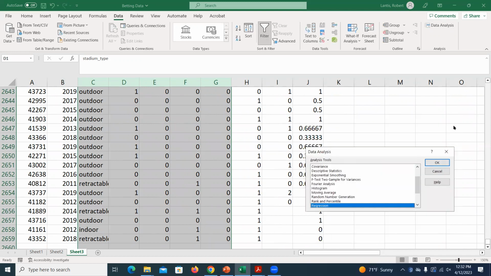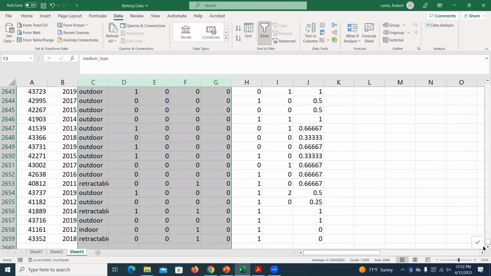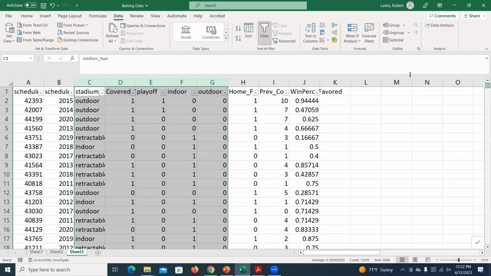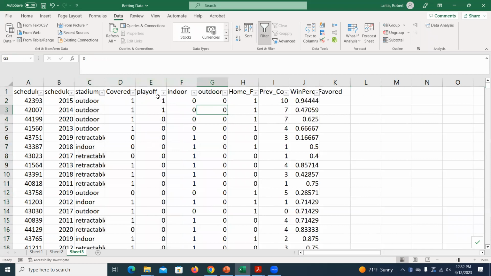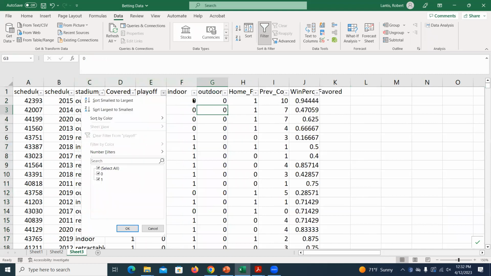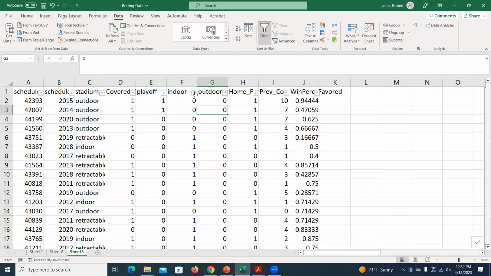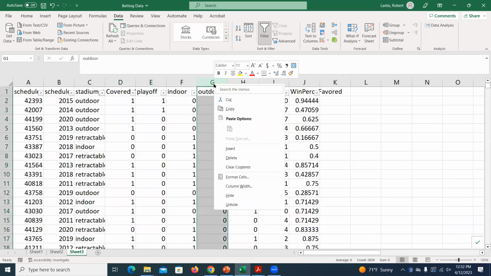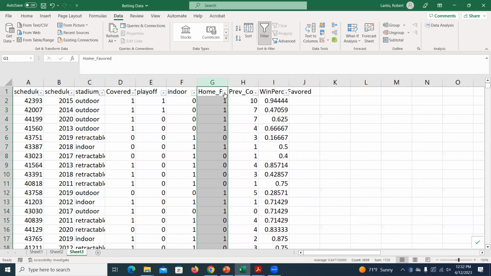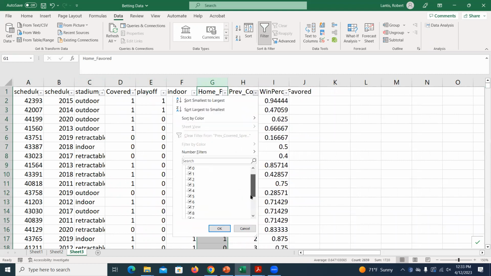So that's something that's always good to check before you jump into that data analysis tool: go through each one of your independent or your X variables and say, okay, do I have any missing values? I'm going to delete this outdoor variable because we shouldn't need it. So no missing values there. Okay, there's my missing values. So select the blanks.